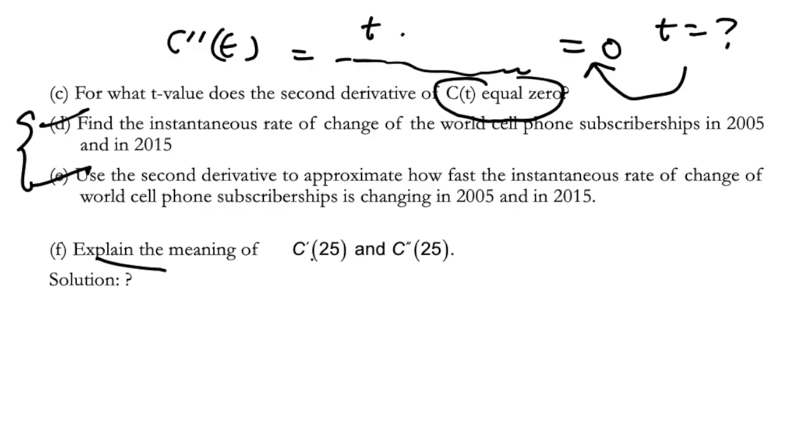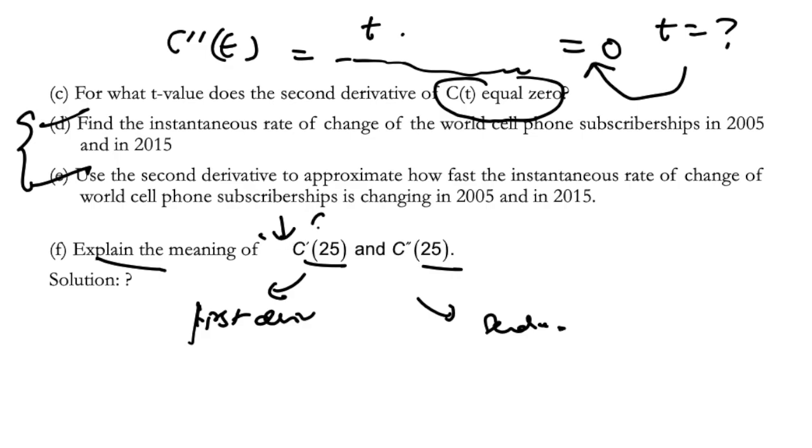Explain the meaning of C prime 25 and C double prime 25. If it is C prime 25, this is the first derivative. This is the second derivative. This is the instantaneous rate of change of C of t. This is the instantaneous rate of change of C prime of t.